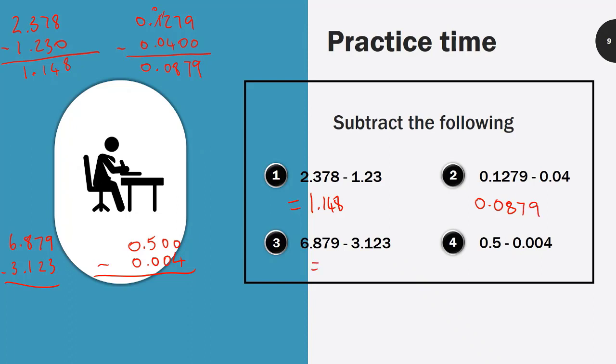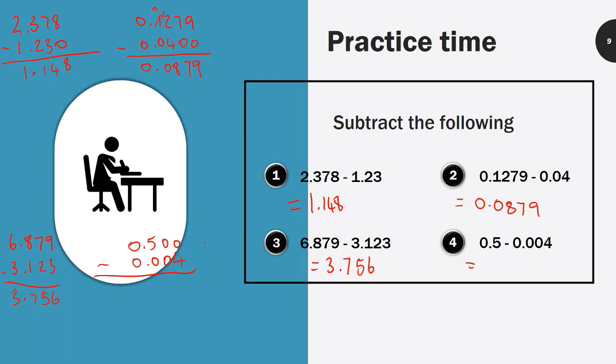Number 3 here. 9 take away 3 gives me 6, 7 take 2 gives me 5, 8 take 1 gives me 7, my decimal point goes in, 6 take 3 is 3, so it becomes 3.756.